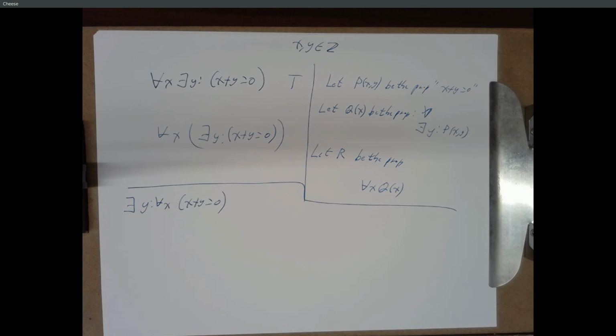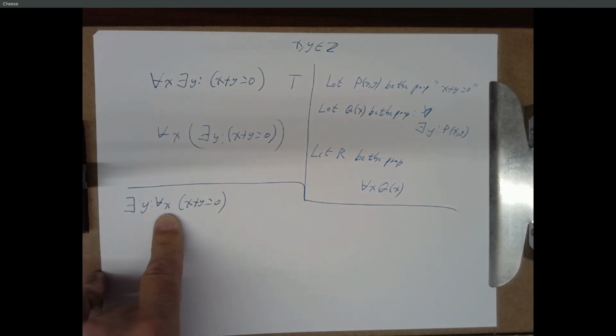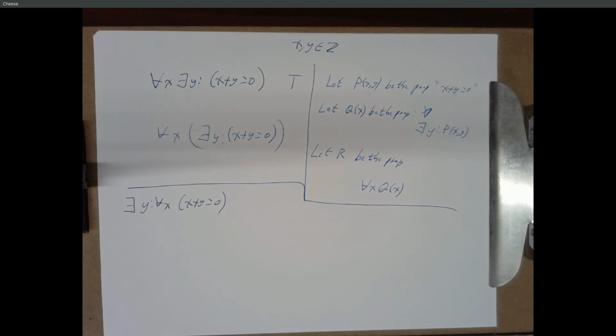No. Because if you give me any particular y, I can set x equal to y plus 1, and now x plus y is equal to 2y plus 1, and that's not going to be equal to 0. So this turns out to be false. So the two are definitely not equivalent, right? Yeah, so that's a good punchline to note here. Swapping the order of these things can totally change the meaning.